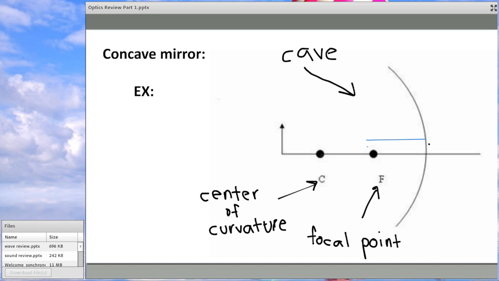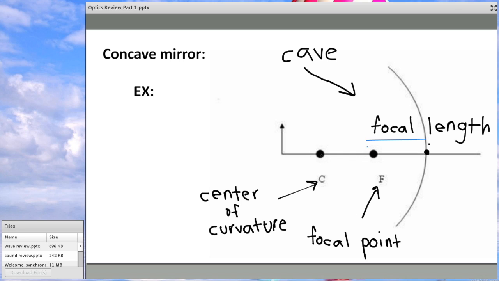And so when they say that a mirror or a lens has a focal length of, that's what they're talking about. The distance between that F and the mirror, the distance between these 2 points.